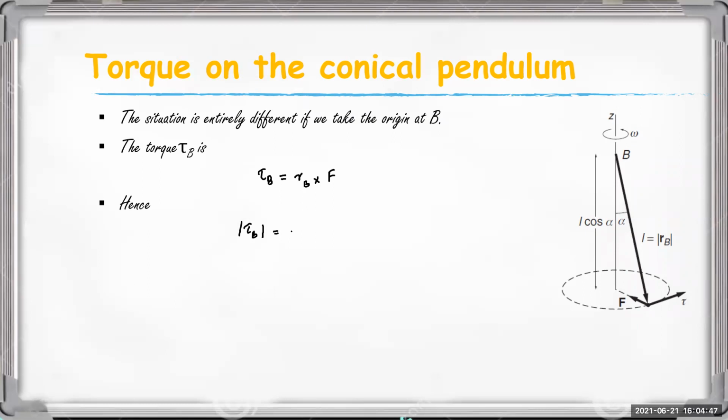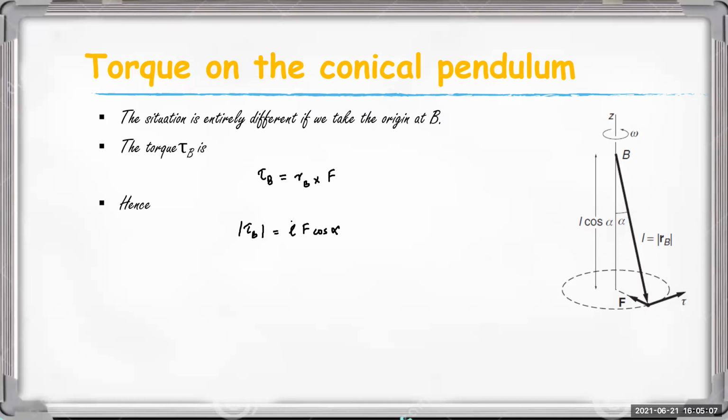Modulus of RB is equal to L. Then modulus of F and cos of alpha. Here we find the cross product.